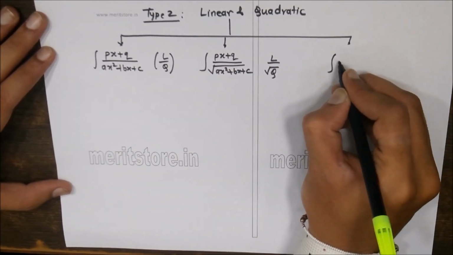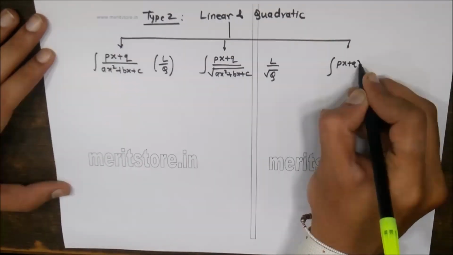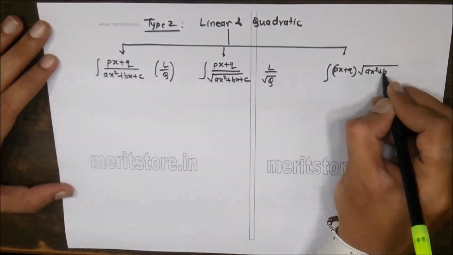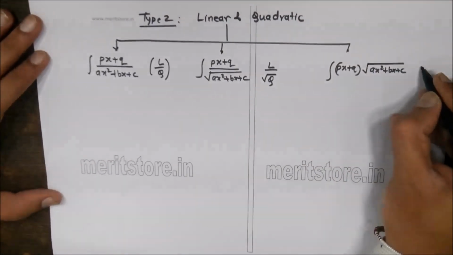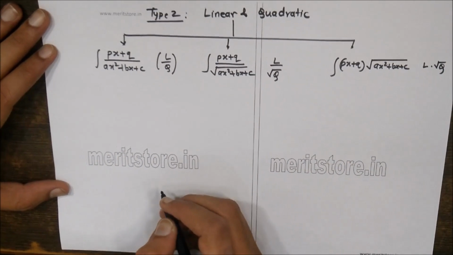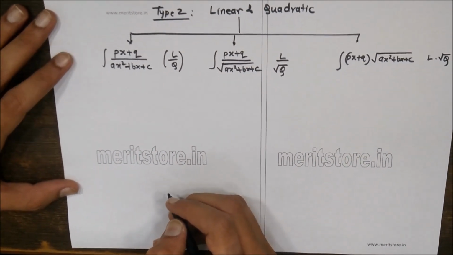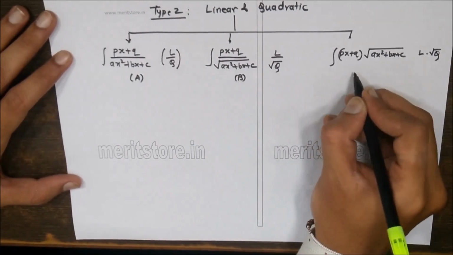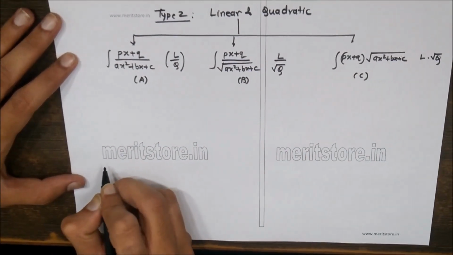Third, integral of px plus q into root of ax square plus bx plus c, which is of the category linear into the root of quadratic. Again, this type of linear in quadratic, we'll call this as type A, type B and type C.